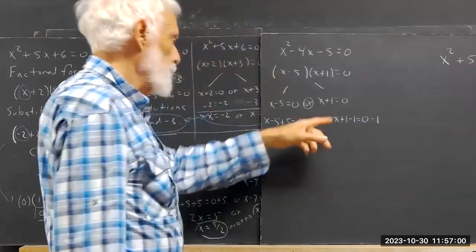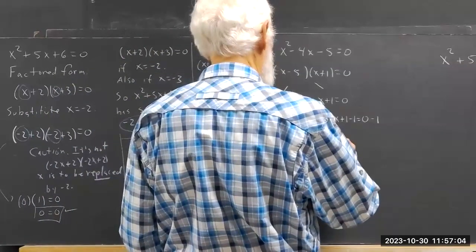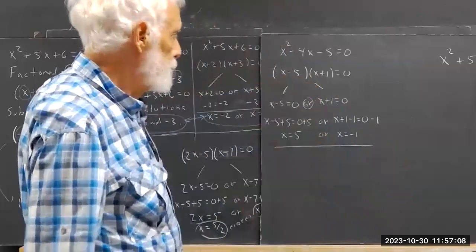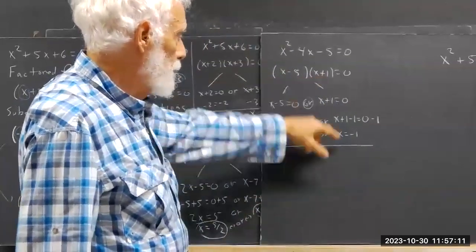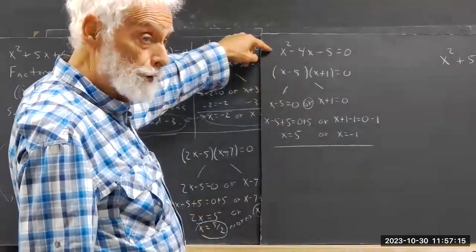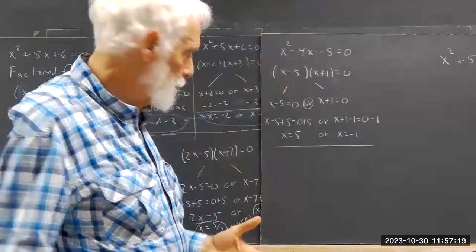And here we subtract 1 from both sides. And now we see that x equals -1 works up here. Now, if we plug 5 in up here, we're going to get 0, because this is the same as this, but let's make sure we factor correctly.